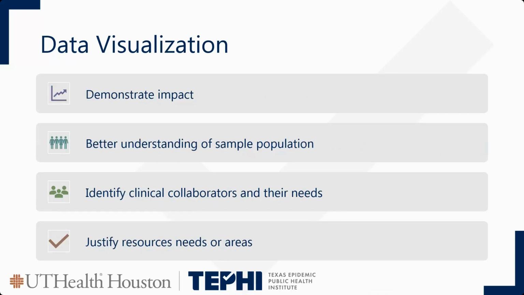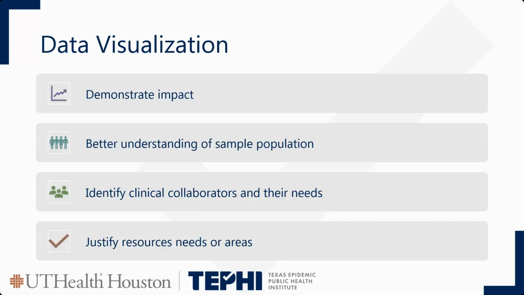Showing a low compliance rate in a certain metric will have a different visual impact compared to just putting words on paper. It can also help you better understand your sample population, aka what service line or specific pathogen that you're seeing.